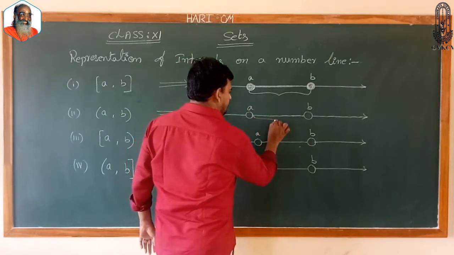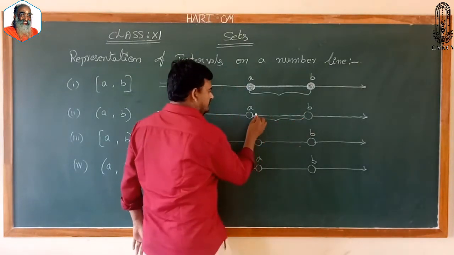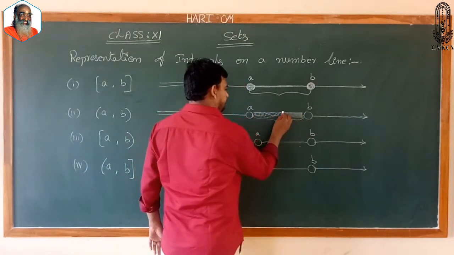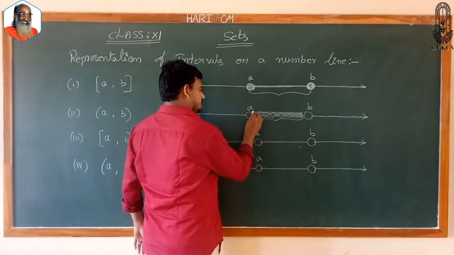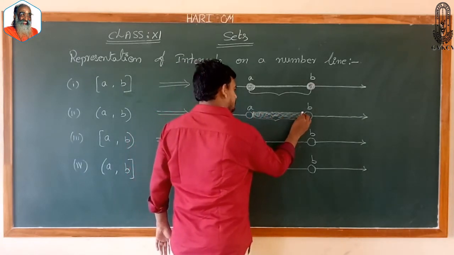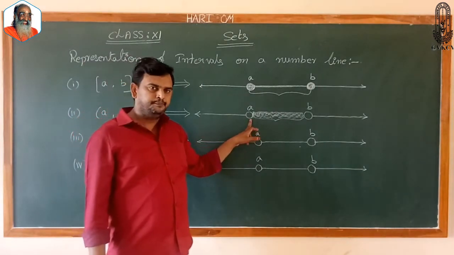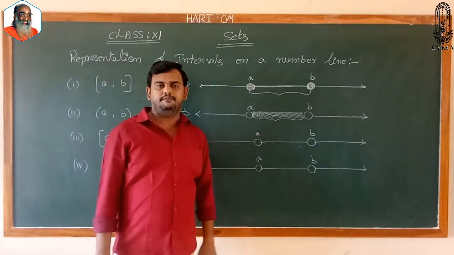Only between the values, only this is the area we are considering. So we are not including a, we are not including b.